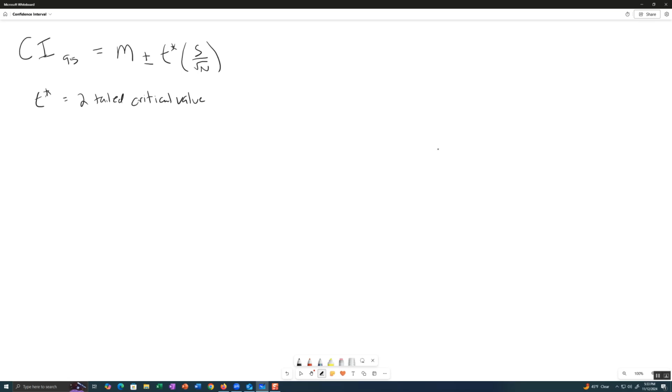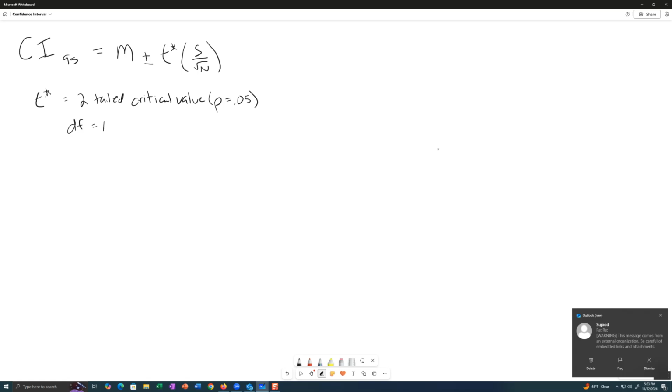If the confidence interval is 95, then this is going to be the two-tailed critical value where p is equal to 0.05, two-tailed obviously, for whatever the degrees of freedom are in your sample. And the degrees of freedom for the one sample t-test is n minus 1. So degrees of freedom here is equal to n minus 1.